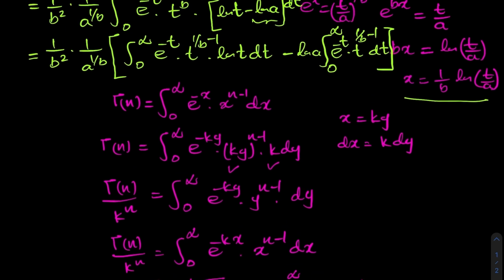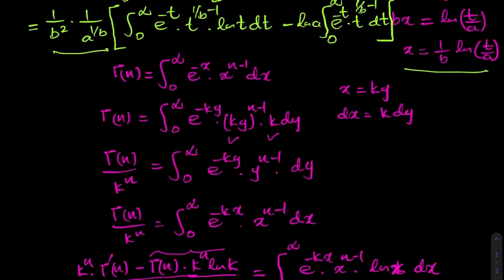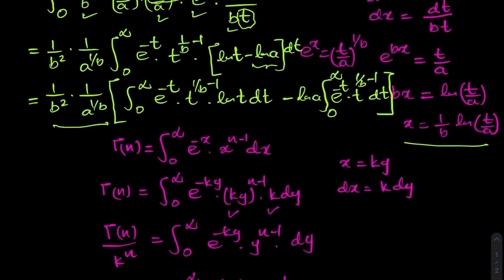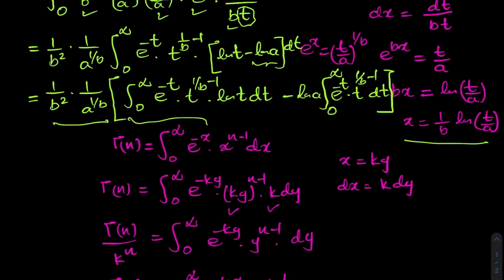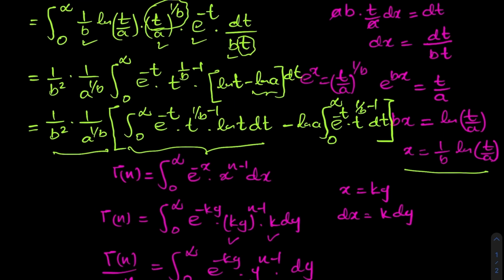Our integral here is 1 over b square, a raised to the 1 over b, so we can write now 1 over b square a raised to the 1 over b times, now here we know this integral is equal to gamma dash of n, so here we have gamma dash of 1 over b.